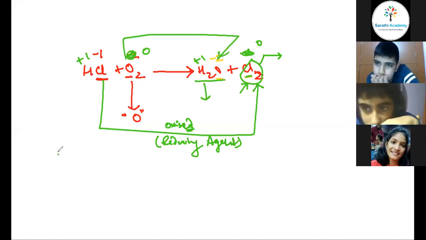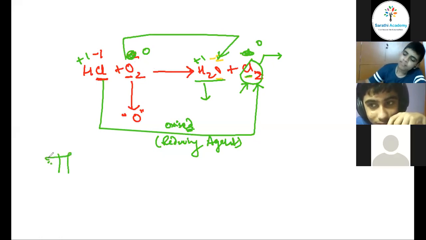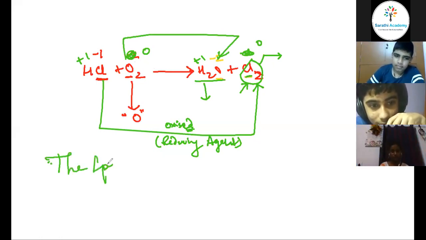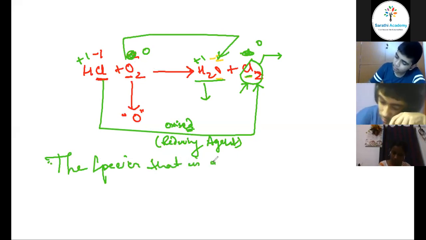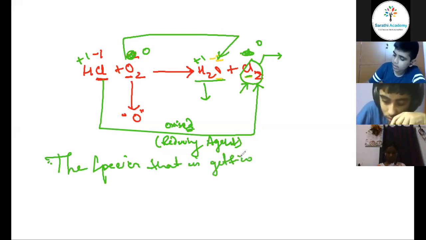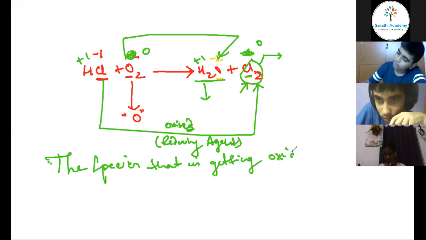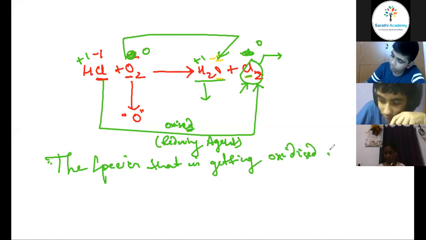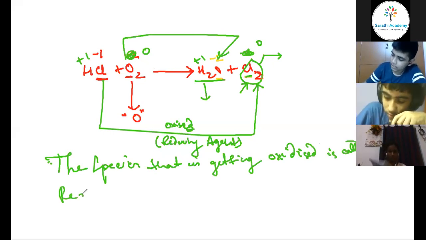All of you write this statement: the species that is getting oxidized is called the reducing agent.